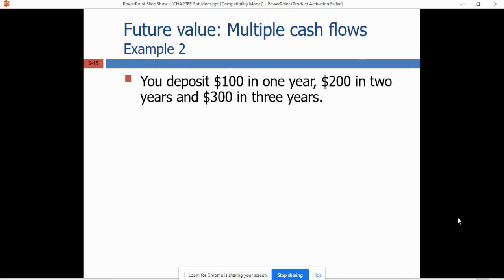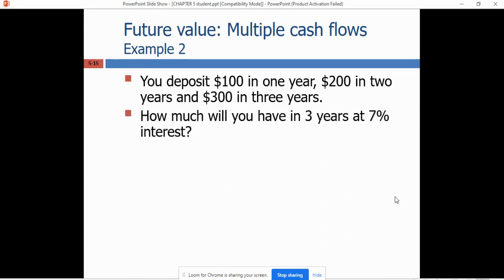All right, so class, here's example 2. You deposit 100 in year 1, 200 in year 2, 300 in the third year. How much will you have in year 3 when it's 7% interest? So 100 times 1.07 power of, yeah, you guessed it right, 2.